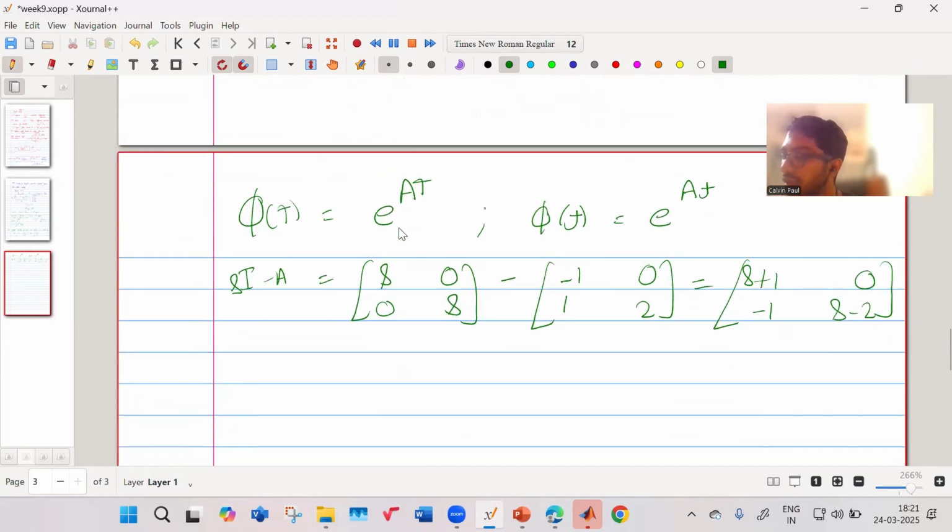Now I have to find the inverse of this, (sI minus A) inverse.